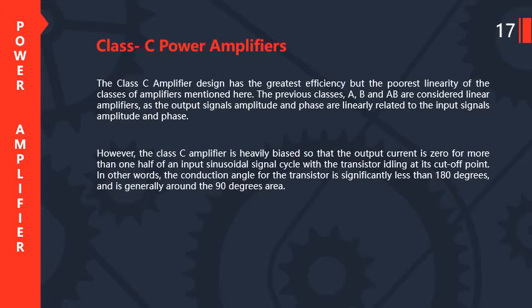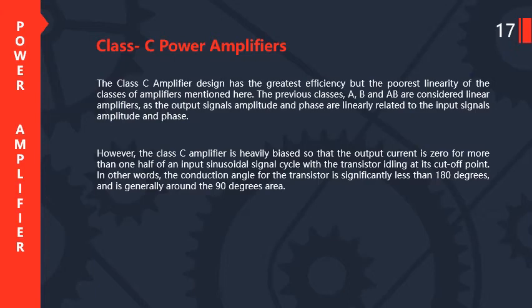However, the class C amplifier is heavily biased so that the output current is zero for more than one half of the input sinusoidal signal cycle, with the transistor idling at its cutoff point.